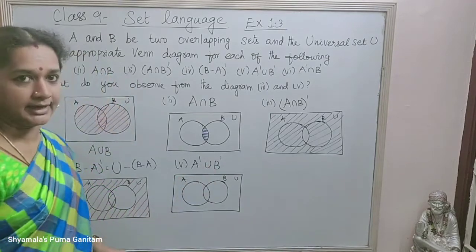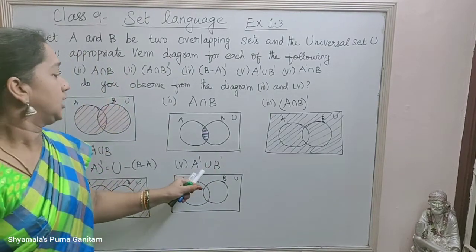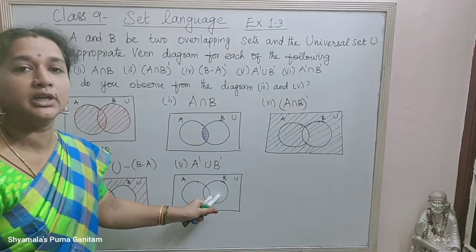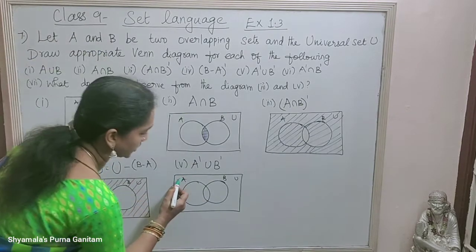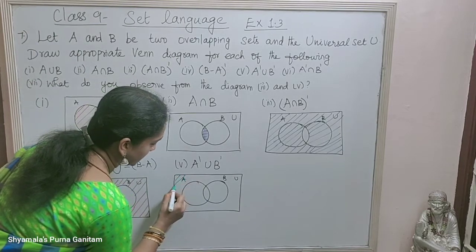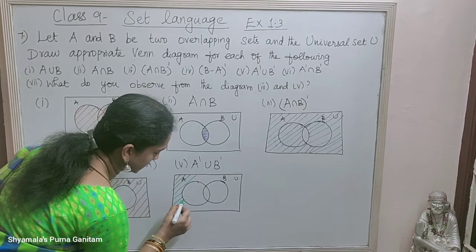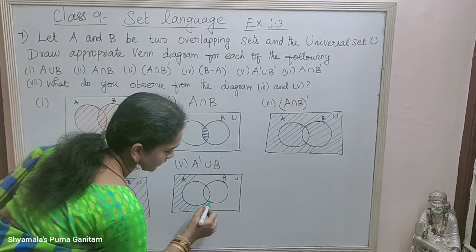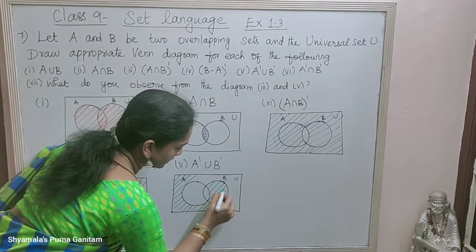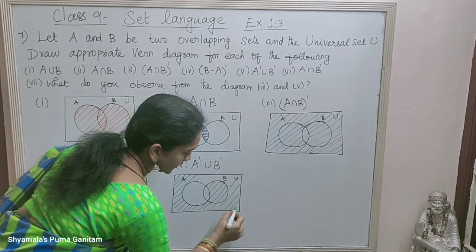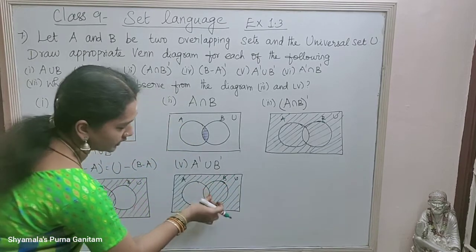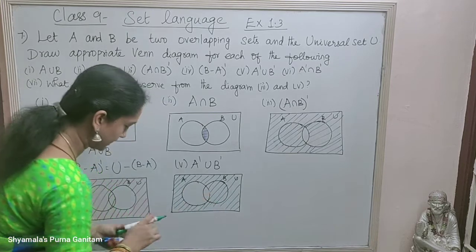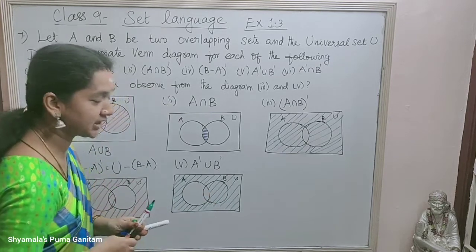So union B dash. The same way you have to do the B dash also. So A dash is universal set. This is A dash. A will be removed. The remaining elements you will write. B dash is the same way.